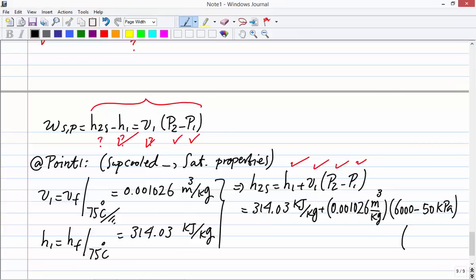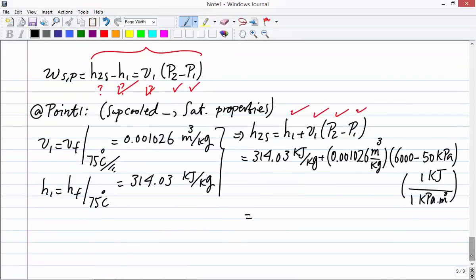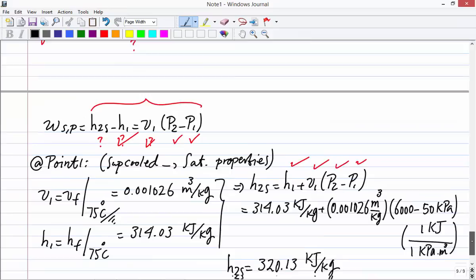so we need to multiply this term, these two parentheses, by the conversion unit. And 1 kilojoule is 1 kPa meters cube. So H2S would be, so now you might be lost, like why are we doing this?